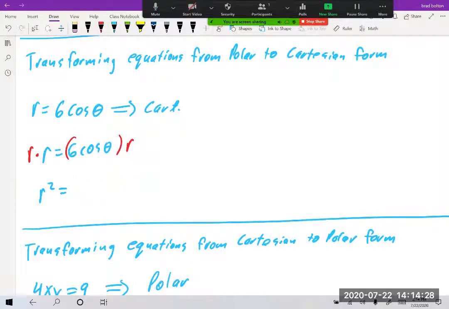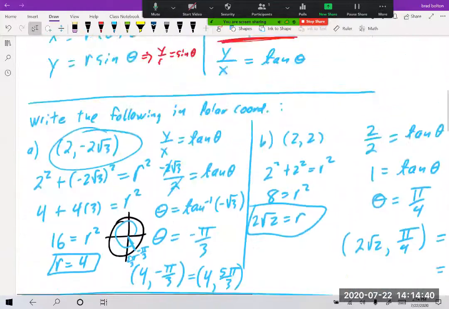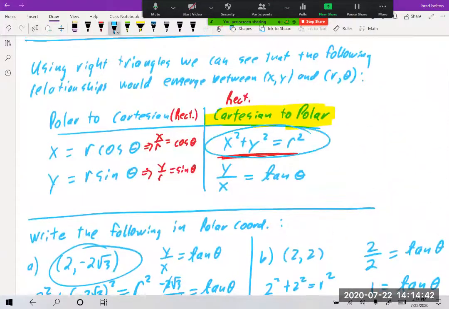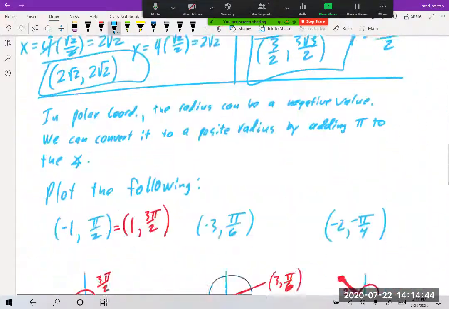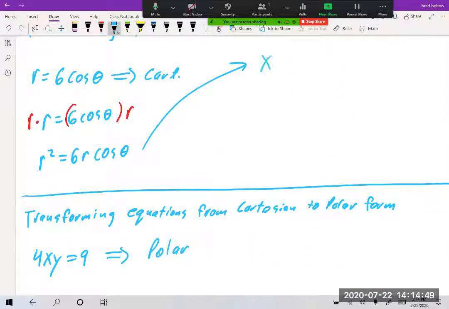I was, in my mind, doing something else. So this is 6r cosine theta, right? However, what is r squared worth? Well, we said up here that r squared is worth x squared plus y squared. So I can come over here now and I can say that x squared plus y squared is equal to 6r cosine of theta. But wait a minute, what's r?